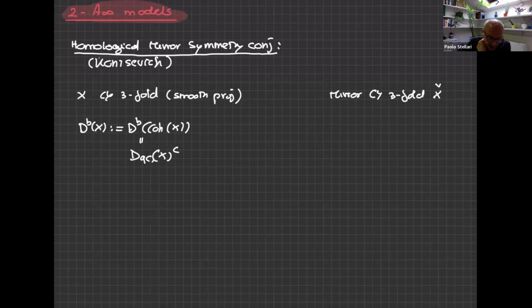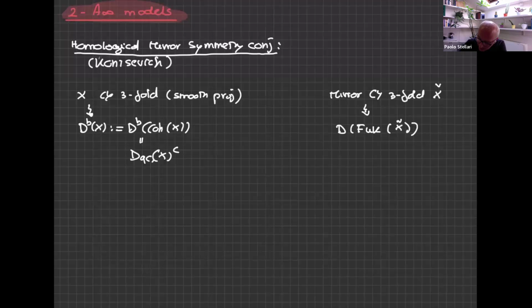X check. Now, while here we use the complex geometry of X to produce this geometric category by the bounded derived category of coherent sheaves, on this other side, we can look at the symplectic geometry of X check, and then we can take the derived category of the Fukaya category of X check.